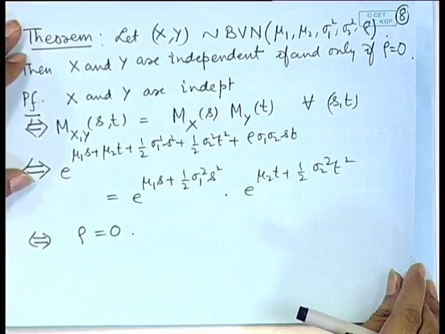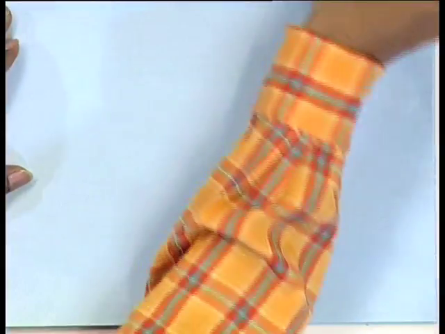We prove another property of bivariate normal distribution using the moment generating function.